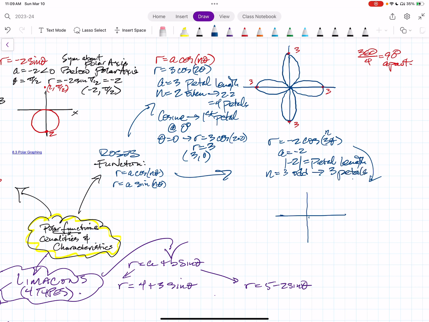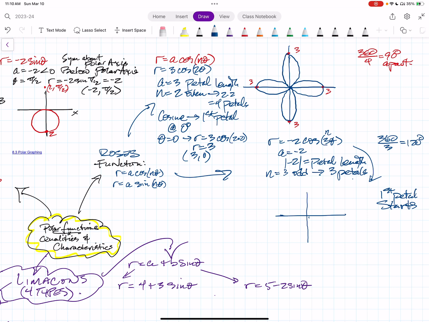So when n is odd, like 3, 5, 7, 9, and so on, you have n petals. If n is even, you have twice as many petals. So it's a little bit different. Also, you take 360 divided by 3, you know there's 120 degrees apart. And then here you have to figure out where the first petal starts. So the first petal starts wherever n theta equals 90.